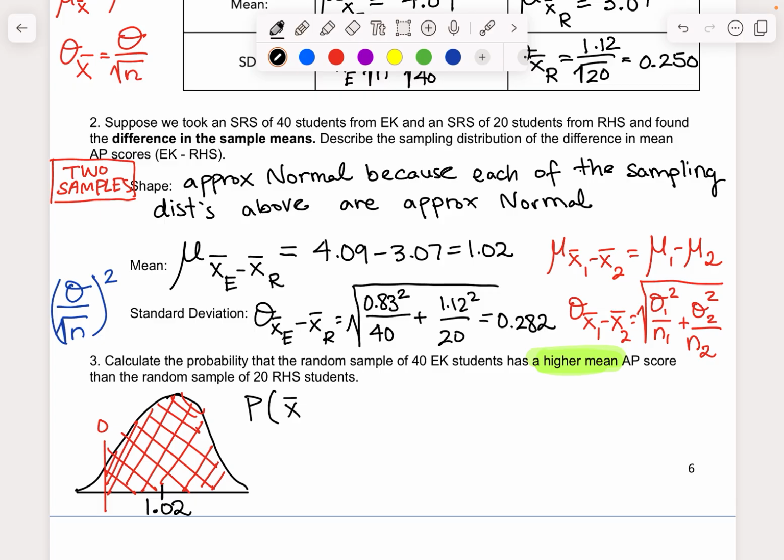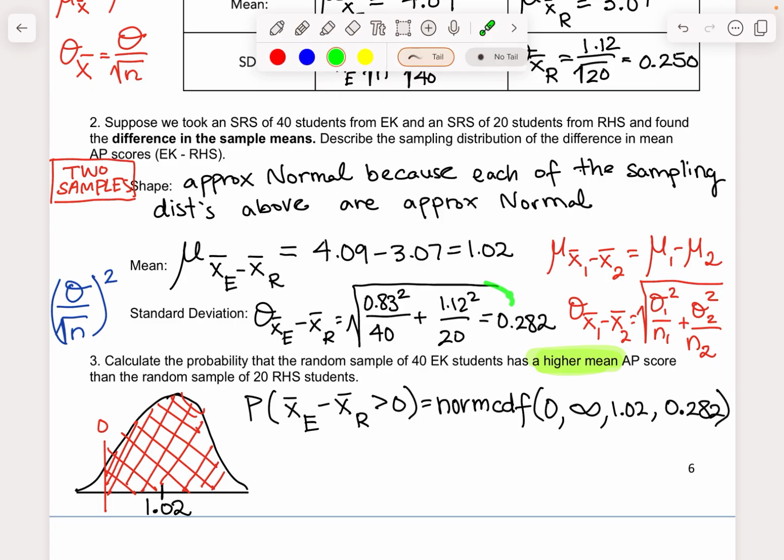So I want to know, solve this problem. What's the probability that the difference of the sample means is greater than 0? Okay. Now it's just down to a little bit of normal CDFing. We have a lower bound of 0. We have an upper bound of positive infinity. Our mean is 1.02. Our standard deviation is 0.282.